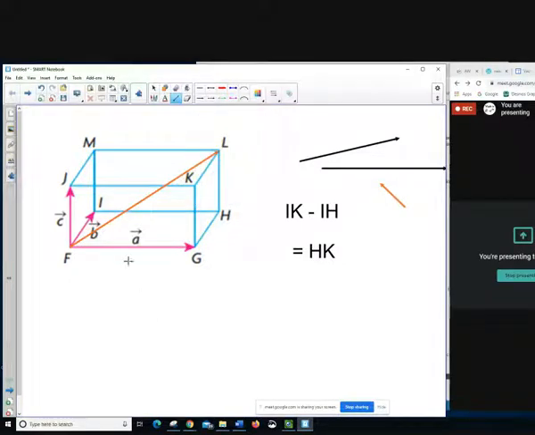So in order to go from here to there, what I did is I did this vector here, which is the vector A. Then I added to that this vector here, but GH is the same as FI, which is vector B. And then I added this third vector, HL, but HL is the same as vector C. So vector A plus B plus C, from the tail of the first to the tip of the last. Okay?